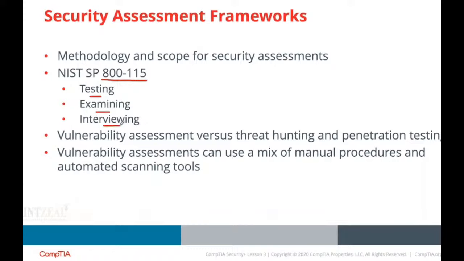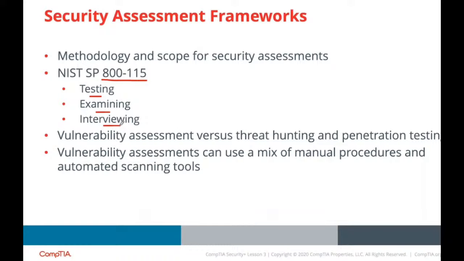Testing the object under assessment to discover vulnerabilities or to prove the effectiveness of the security controls. Examining the assessment objects to understand the security system and identify any logical weaknesses. This might highlight a lack of security controls or a common misconfiguration.